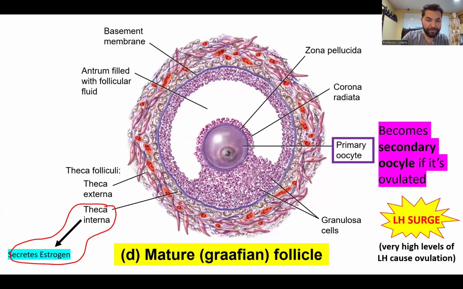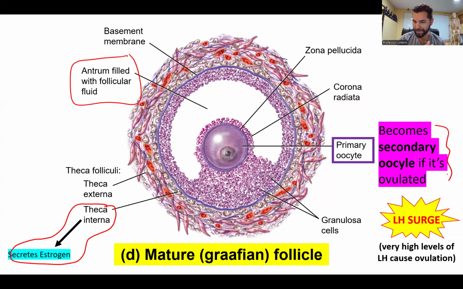We still have the antrum. Notice it's bigger, right? We still have the zona pellucida. We still have the corona radiata. The primary oocyte becomes that secondary oocyte. So when we talk about ovulation, what we are ovulating is that secondary oocyte.